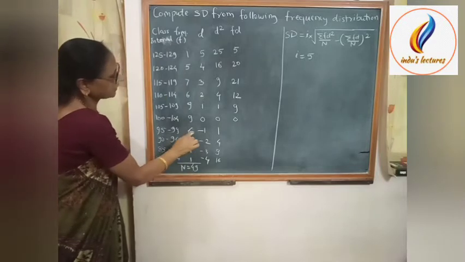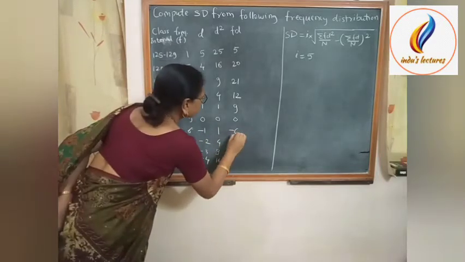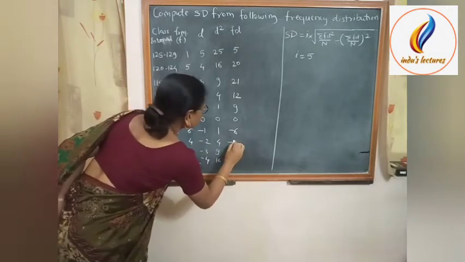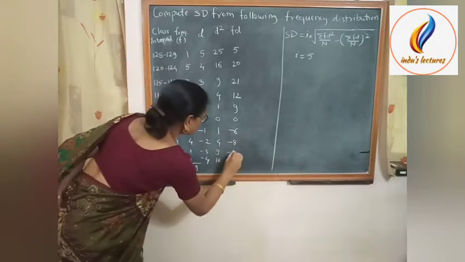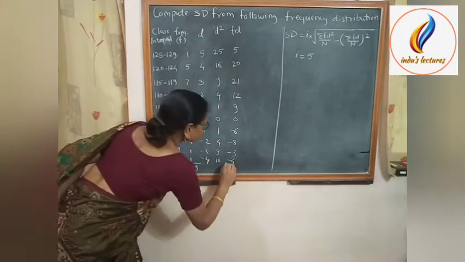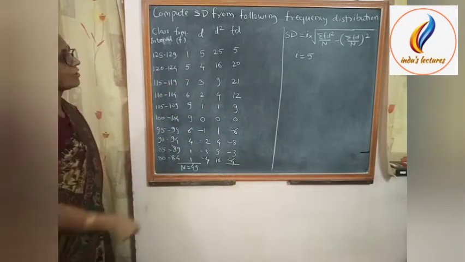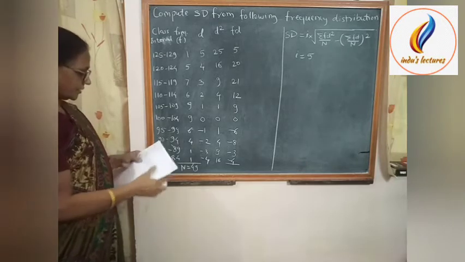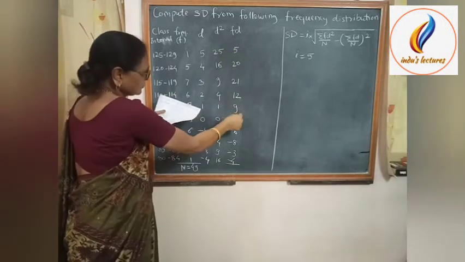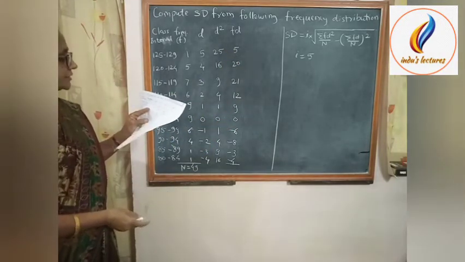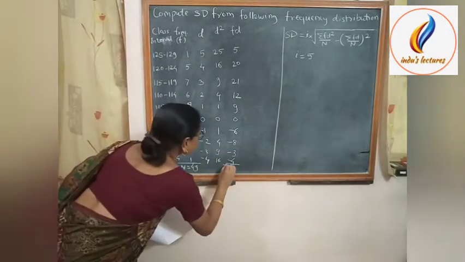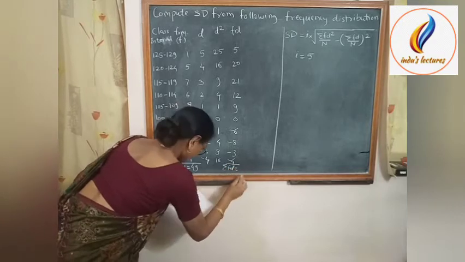Then 6 into -1 is equal to -6, 4 into -2 is equal to -8, 1 into -3 is equal to -3, and 1 into -4 is equal to -4. Now take the sum of all fd. The sum of the positive products is 67 and the sum of the negative is -21. So summation fd is equal to 46.